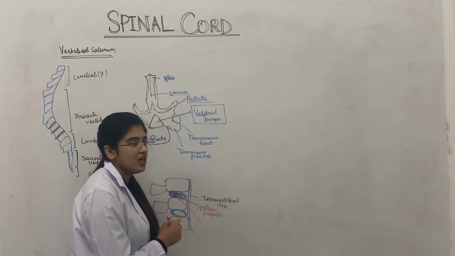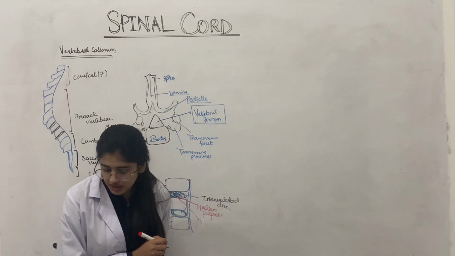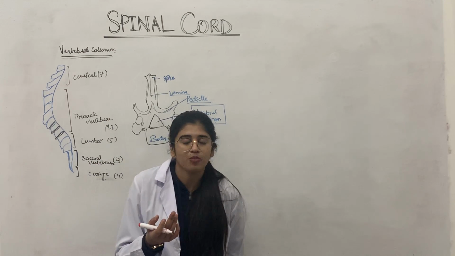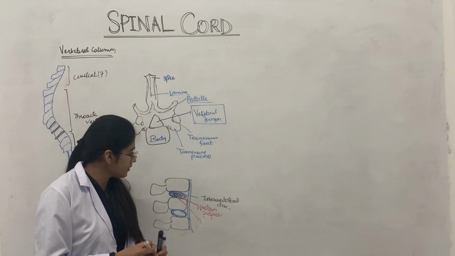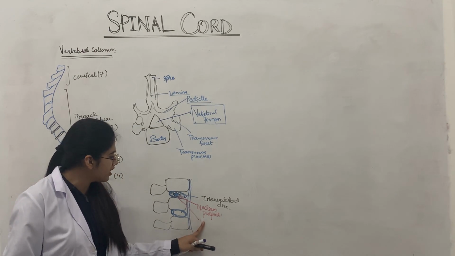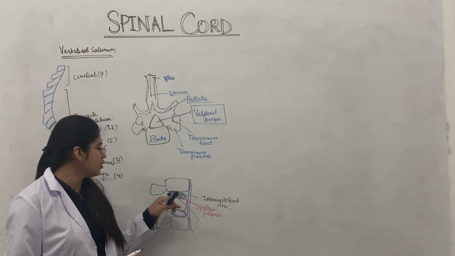So you have the intervertebral disc, then the nucleus pulposus, and after it a substance that is harder compared with the nucleus pulposus.